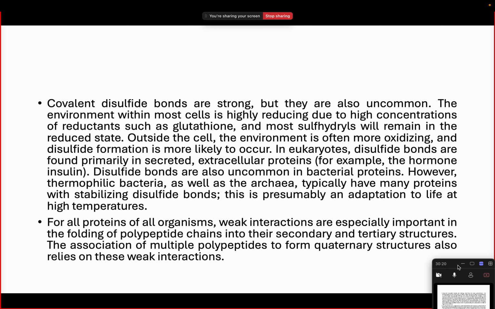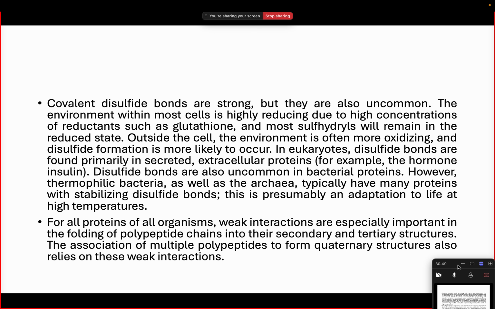In eukaryotes, disulfide bonds are found primarily in secreted extracellular proteins, for example, the hormone insulin. Disulfide bonds are also uncommon in bacterial proteins. However, thermophilic bacteria as well as the archaea typically have many proteins with stabilizing disulfide bonds. This is presumably an adaptation to life at very, very high temperatures.